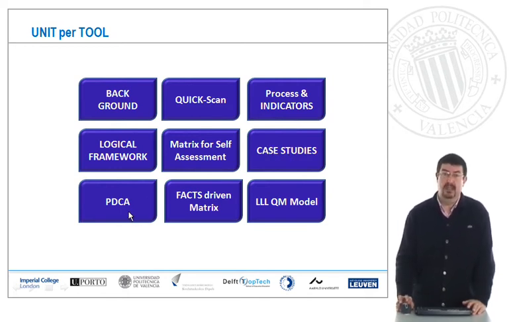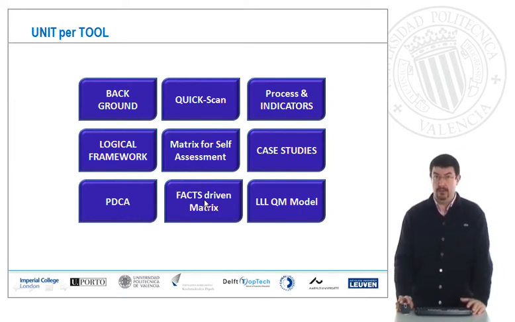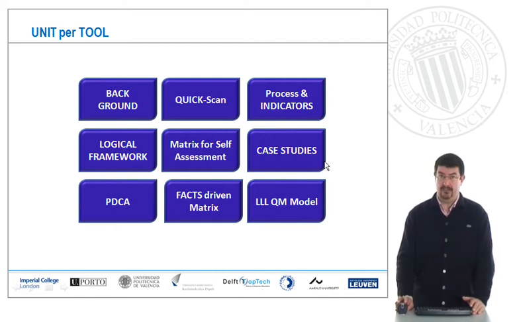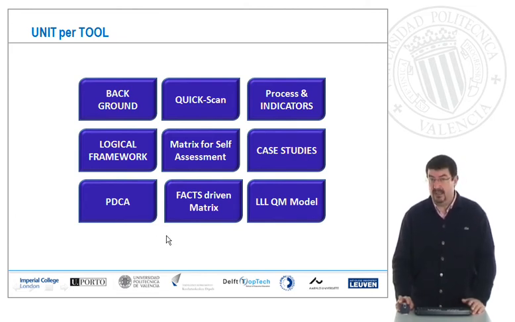You will see also a unit that helps you to understand the PDCA approach. We have produced also a unit on the facts-driven matrix, that is one of the outcomes of the project. And finally, we have the lifelong learning quality management model, the quality management adapted to the lifelong learner reality in the universities.